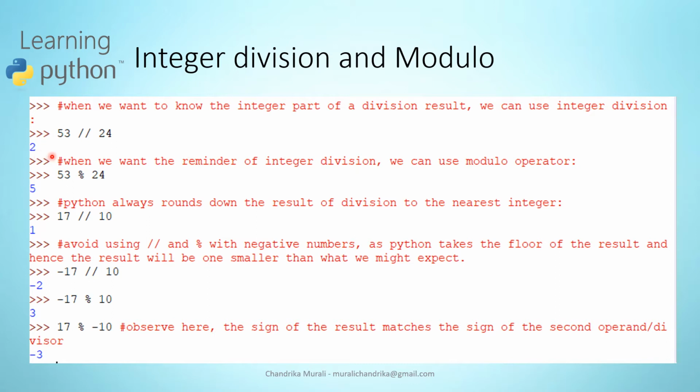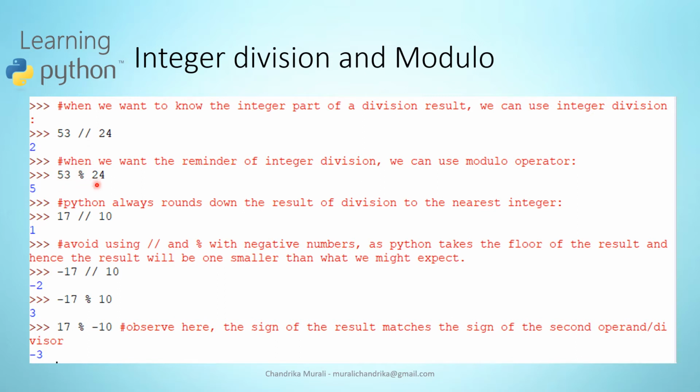Here, when the division operation happens, it will not round off to the nearest number, it will round down to the previous number. Like 53 divided by 24, it will round off to 2. 24 into 2 point something it will be, so it will round off to 2 and not 3.